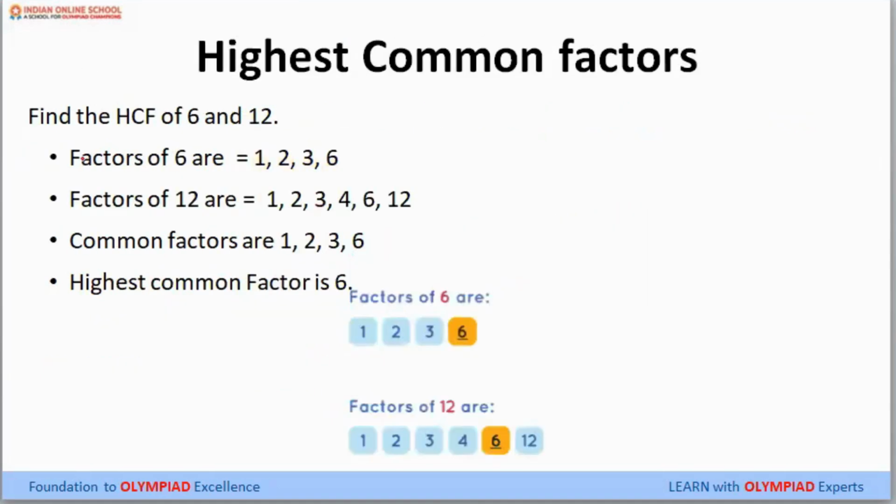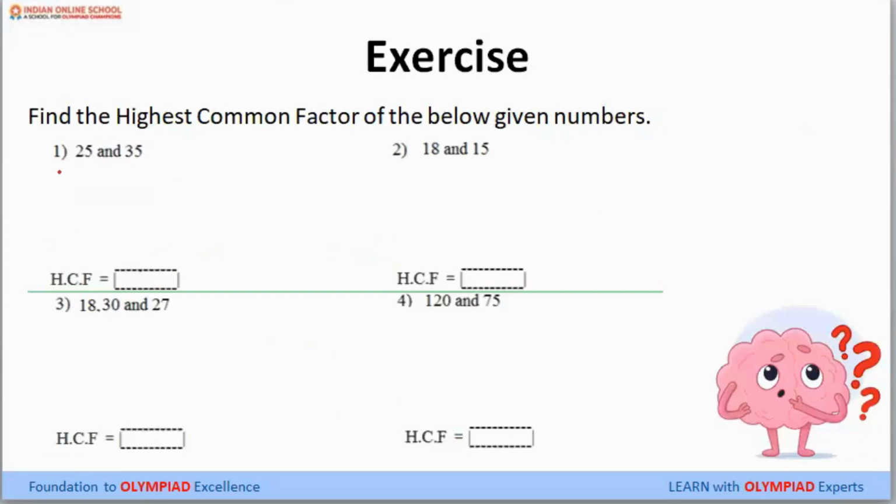Now quickly tell me the HCF of 25 and 35. First tell me the factors of 25. Myra, can you tell me the factors of 25? 1, 5, and 25.